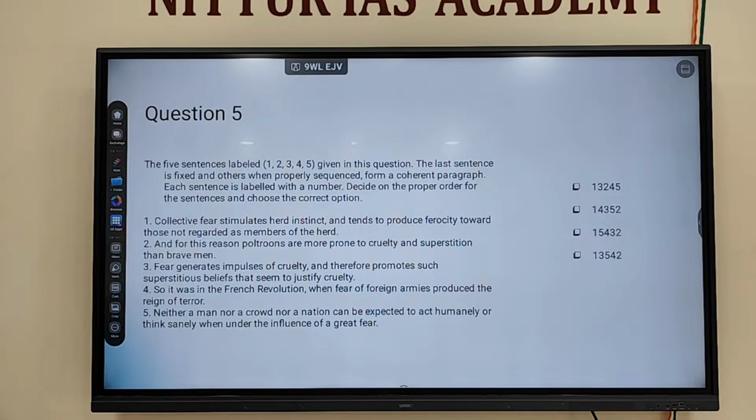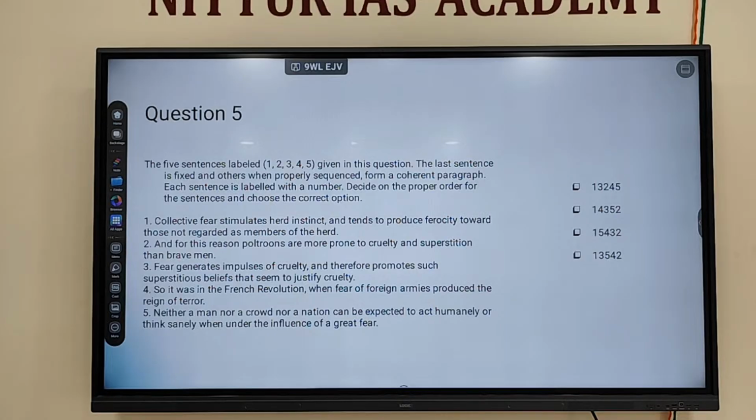Collective fear stimulates herd instinct and tends to produce ferocity towards those not regarded as members of the herd. And for this reason, soldiers are more prone to cruelty and superstition than brave men.